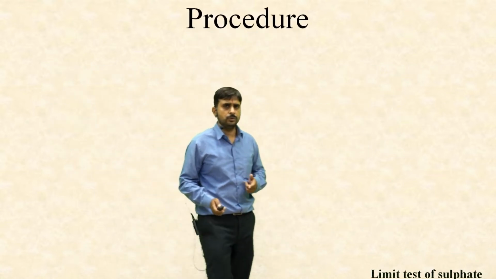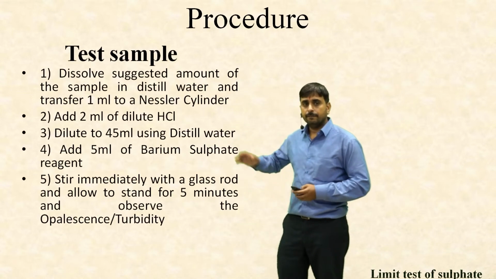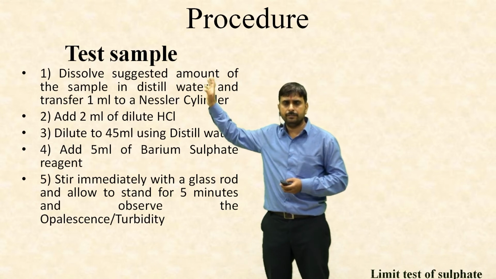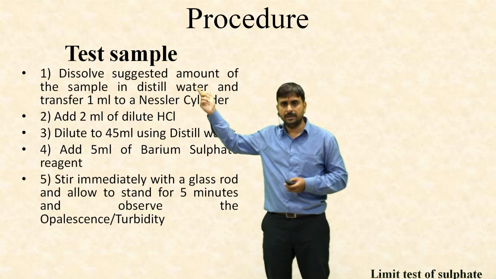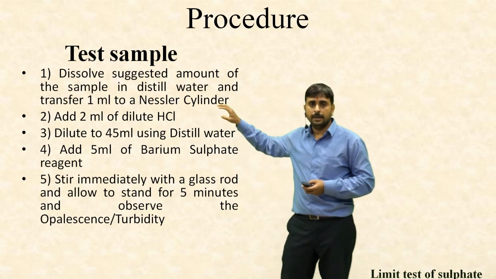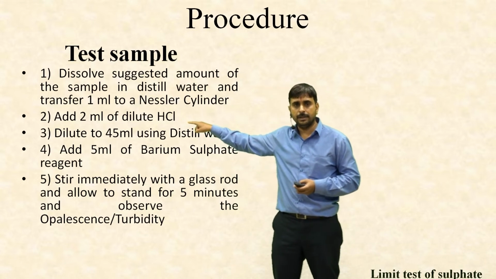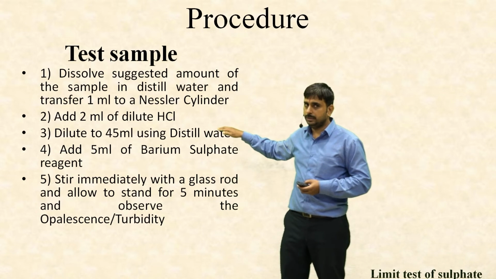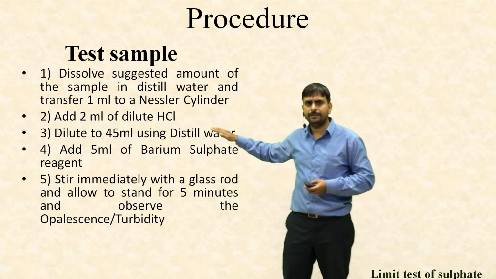Now we move to the procedure part. First we dissolve the suggested amount of sample in distilled water, and of that sample solution, we take 1 ml into the Nessler cylinder, which we have already shown. To this solution we add 2 ml of dilute HCl, and add about 41 ml of water so that the solution reaches the 45 ml mark.